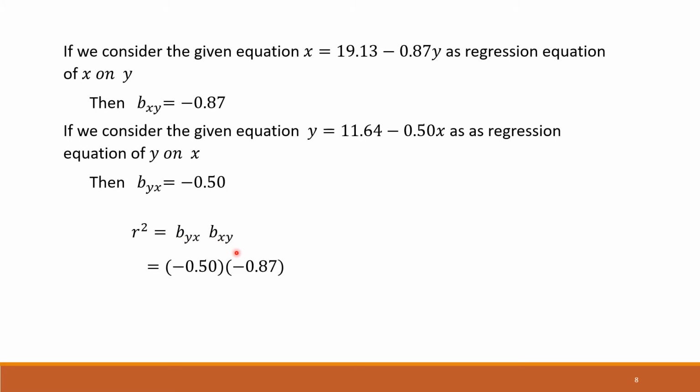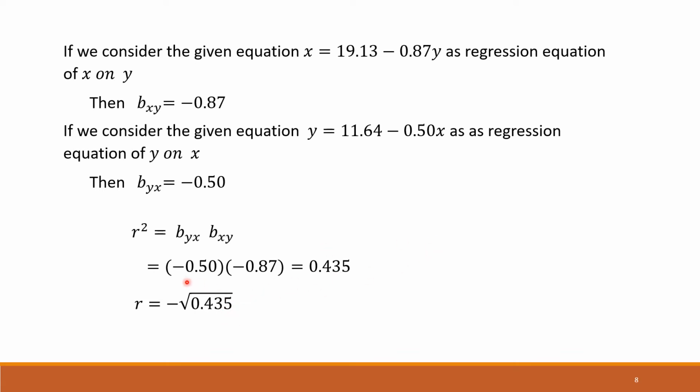So byx is minus 0.50 and bxy is minus 0.87. Multiplying these two, we will get the value of r square. So r square is 0.435. So r will be the square root of this.